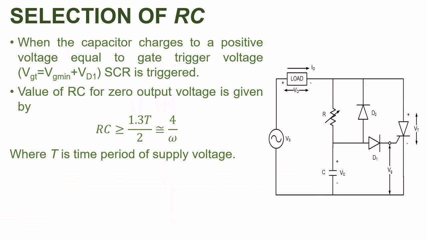Now let us see the design consideration of this triggering circuit. When the capacitor charges to a positive voltage equal to that of the gate trigger voltage, the SCR is triggered.